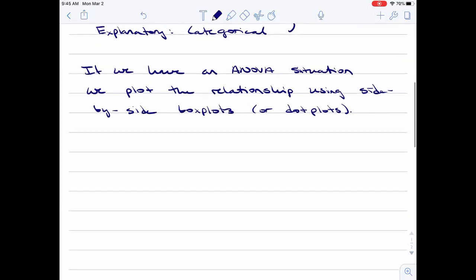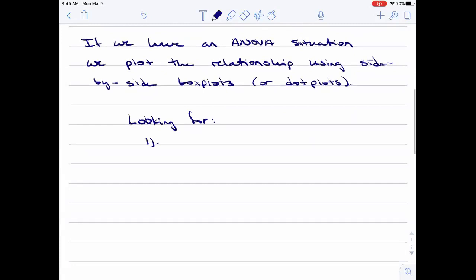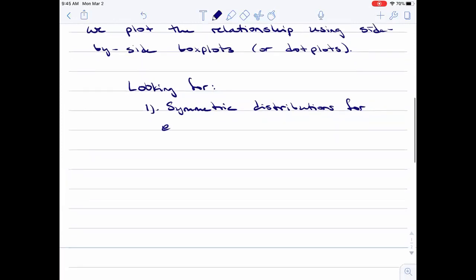So we're looking for symmetric distributions for each category, but also few, hopefully no outliers.